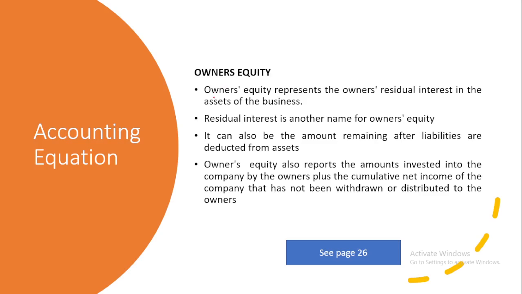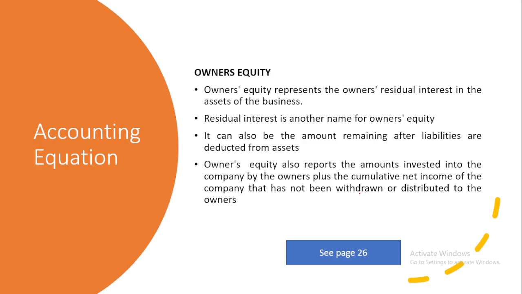So here it says that owner's equity also reports the amount invested in the company by the owner plus the cumulative net income of the company that has not been withdrawn or distributed to the owners. For example, if your company already generated profit and you do not take that profit out, you don't withdraw the profit, you just reinvest it, that profit is still yours, so it will still be shown within the owner's equity account.